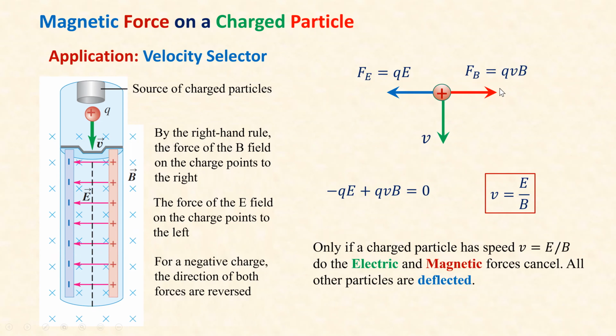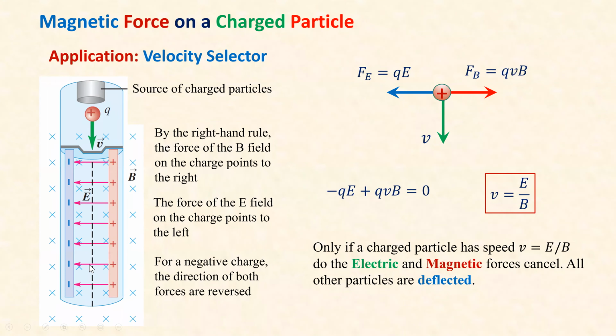But if the velocity is different from that value, either the magnetic force becomes bigger or the electric force becomes bigger, and therefore the net force is not 0, therefore the particle gets deflected. So because of that, this is called a velocity selector.